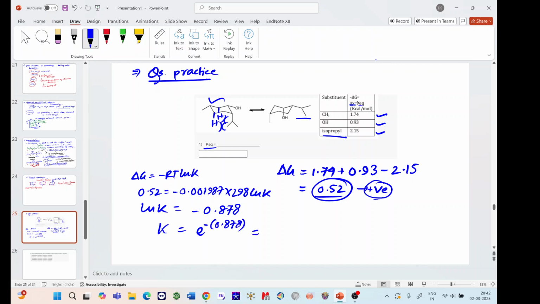So the answer will be 0.415. It will be the answer. Did you understand? Okay, let us move to the next.